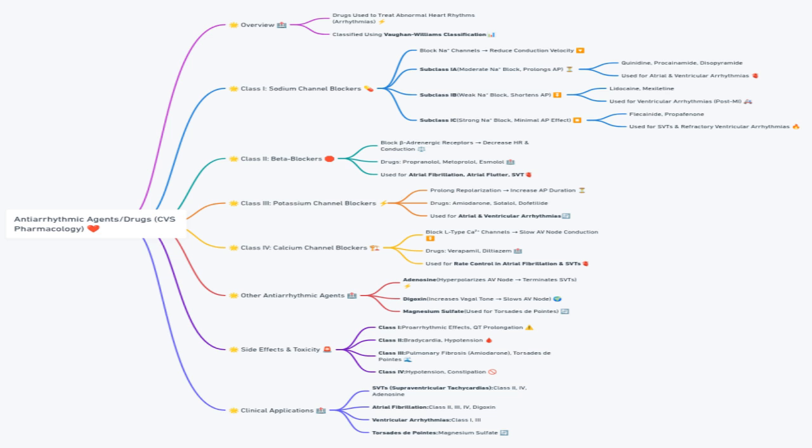You can think of phenytoin too. And class 1C: flecainide, encainide, propafenone, and also moricizine.